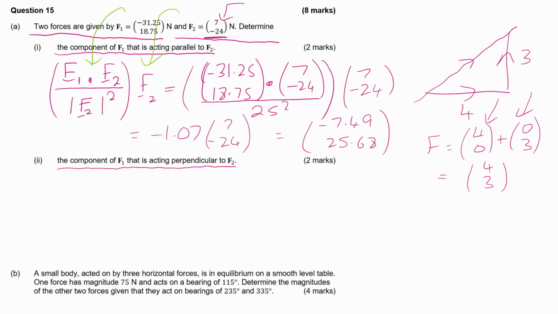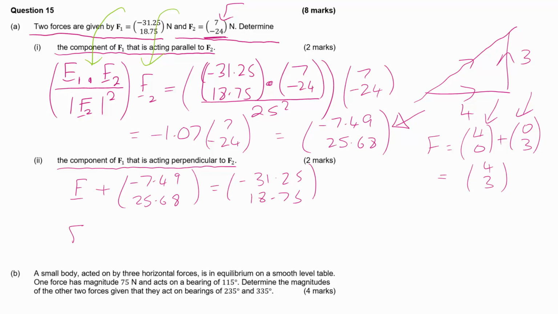So let's suppose that F is the vector we're after, then that added to the negative 7.49, 25.68, will give us F1, which is negative 31.25, 18.75.